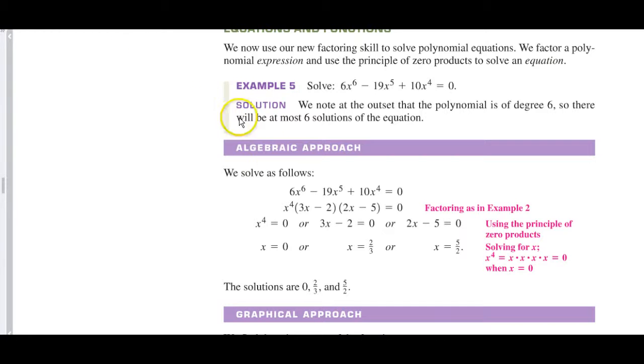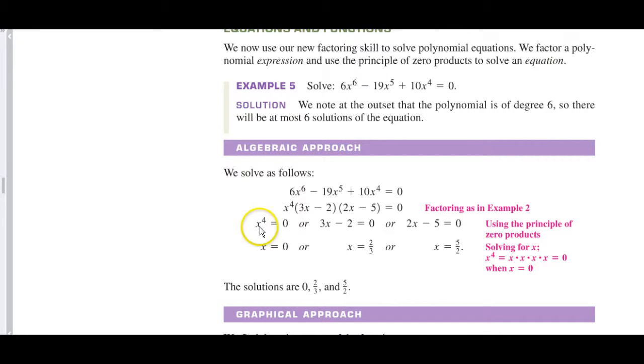Now, for something like this that we had done earlier, notice you had this. What is your common factor? You could take out x to the 4th. Then we factored it into this, equal each of them to 0. And you got x to the 4th, divide both sides by x to the 4th.